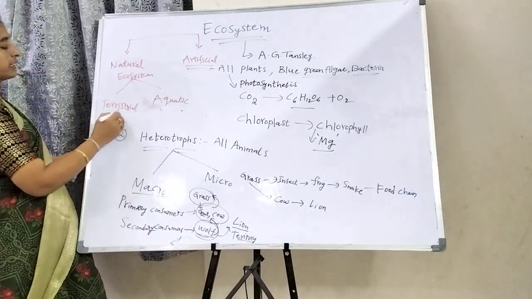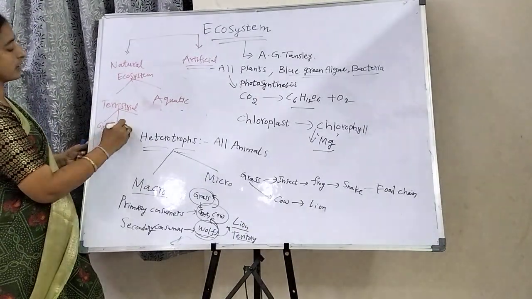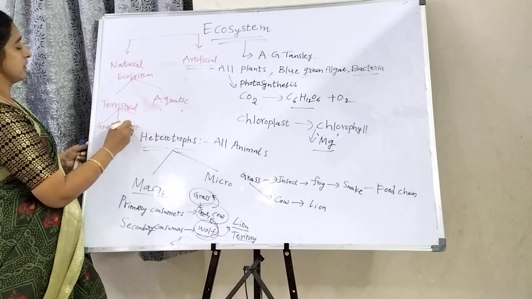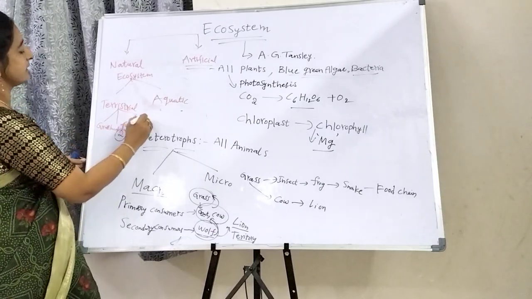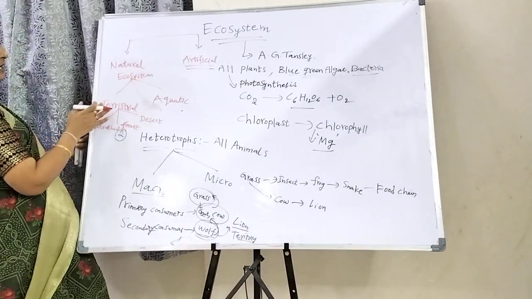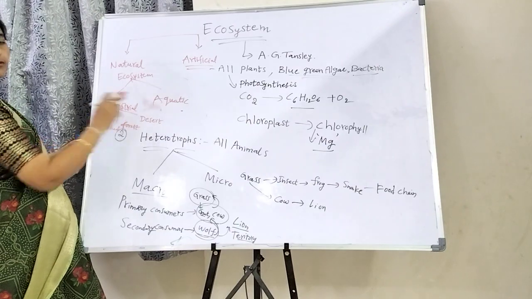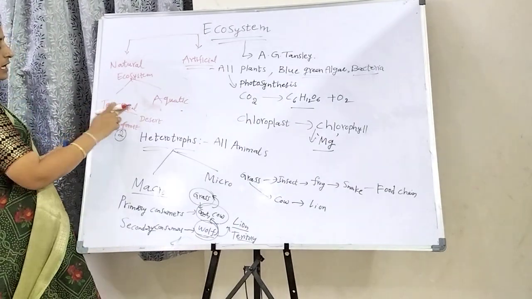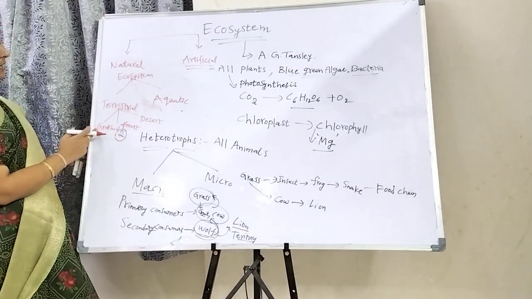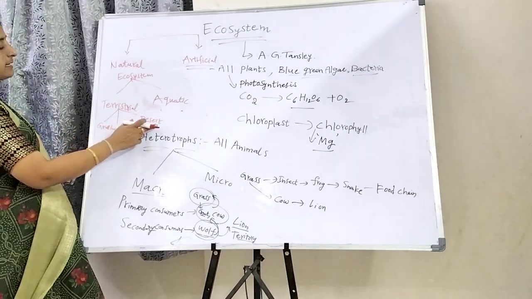The terrestrial ecosystem can be divided into the grassland ecosystem, forest ecosystem, and desert ecosystem. Ecosystems can be divided into two types, the terrestrial and aquatic ecosystems. Terrestrial is divided into three: grassland, forest, and desert.